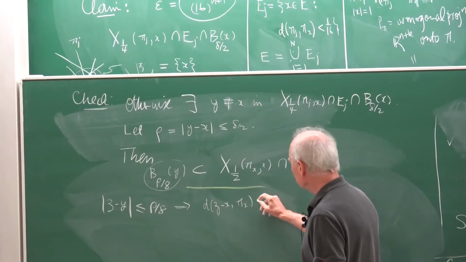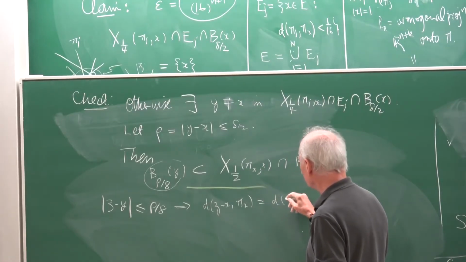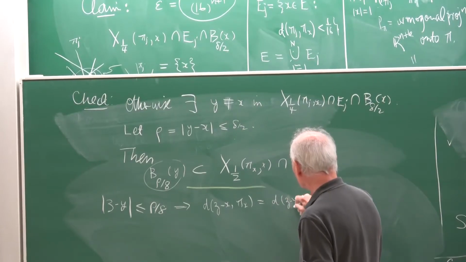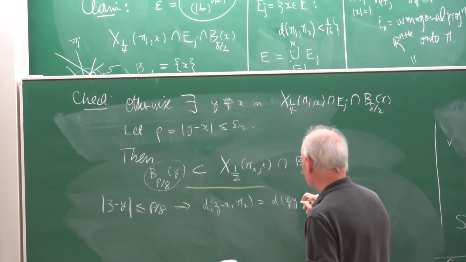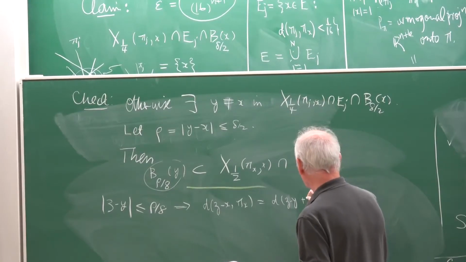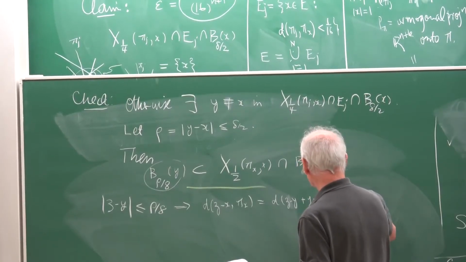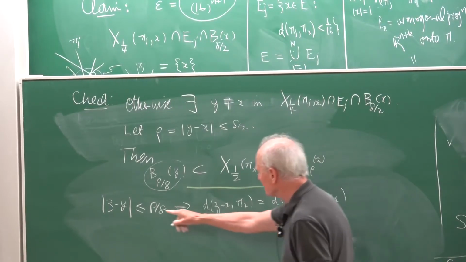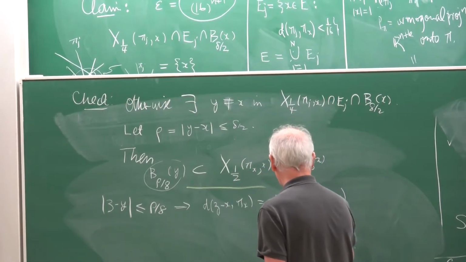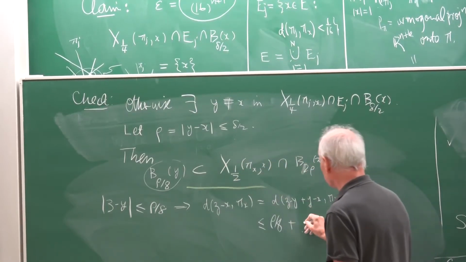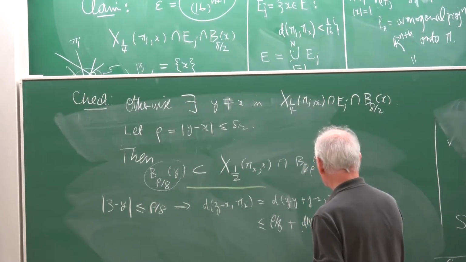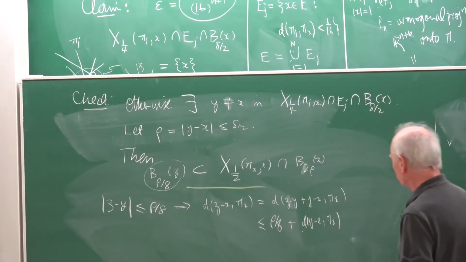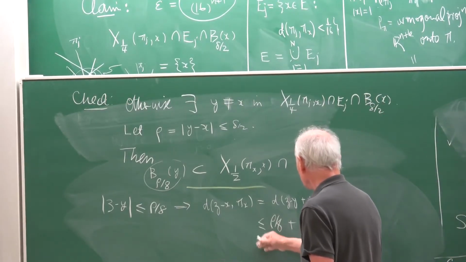Well, that's equal to the distance of z minus y plus y minus x to pi x, and that's less than or equal to the distance of z to y, which is less than rho over 8, plus the distance from y minus x to pi x.